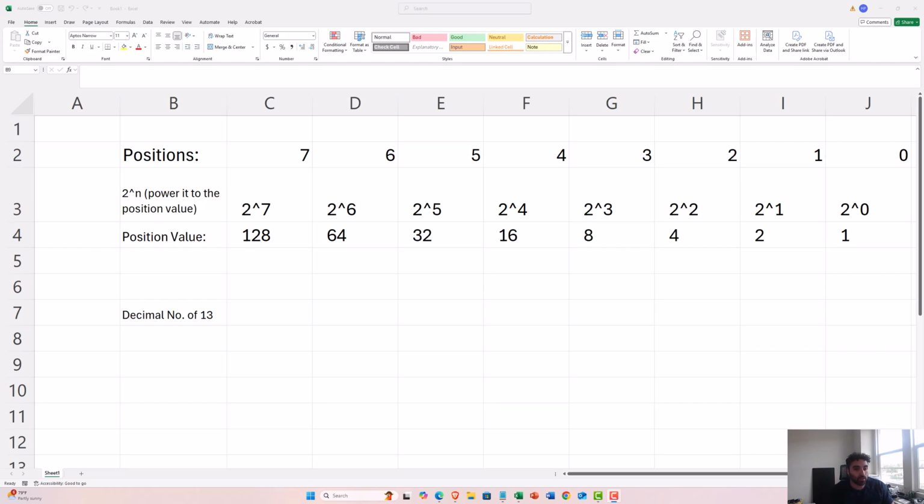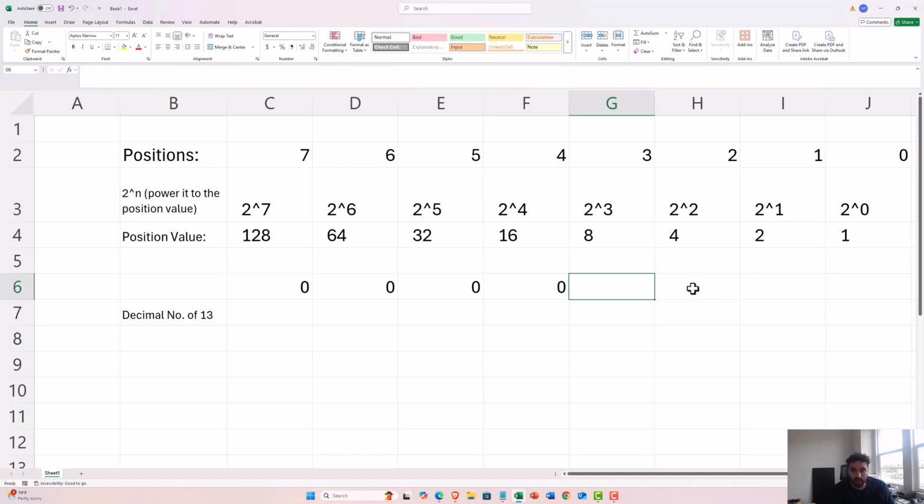So when we say we are trying to look for the binary of 13, it can go into position 8, it can go into position 4, it can go into position 2, it can go into position 1, but it cannot go into position 16 because 13 is less than 16. All right? So in that event, it's impossible for position 7, 6, 5, or 4 to be equivalent to a 1. All right?